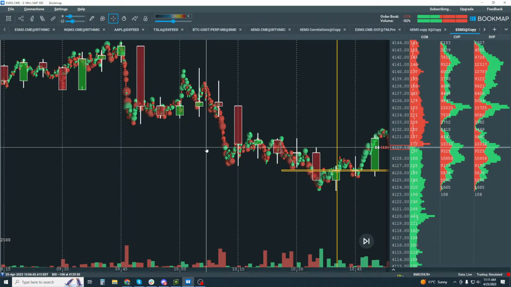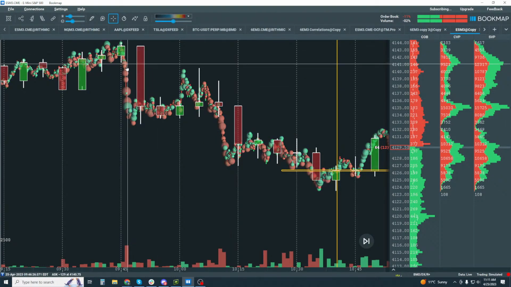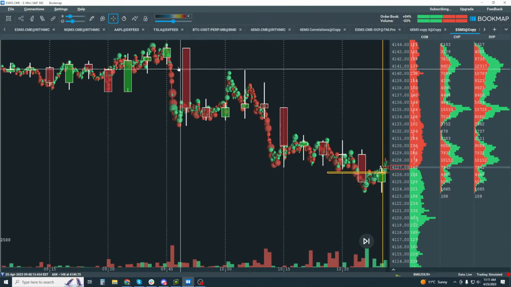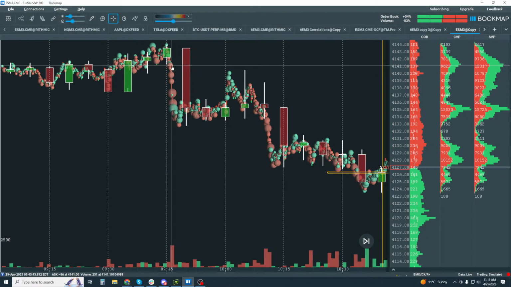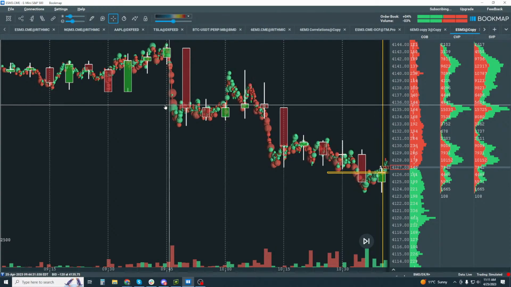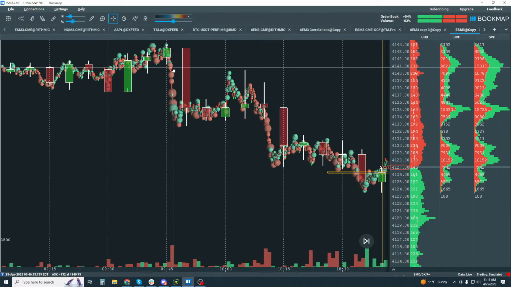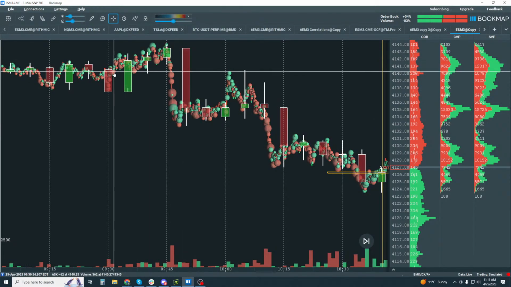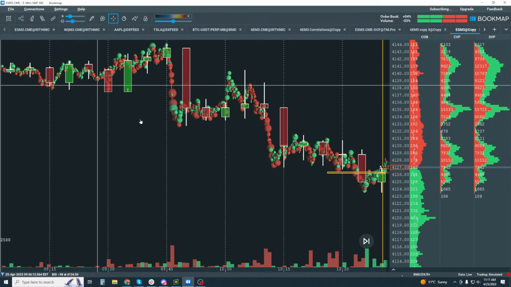We need this context of volume. Okay, we would assume that there would be strong selling in here. There might not be. It could have been news, and maybe there's no trading in here, and the next trade is way down here because the best bid was down here. It wasn't up here, right? And it just kind of gapped basically.